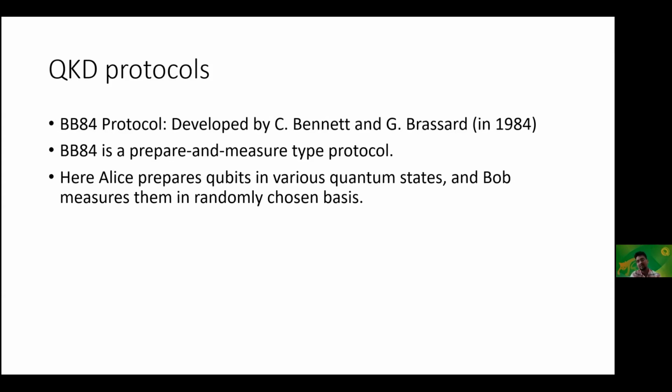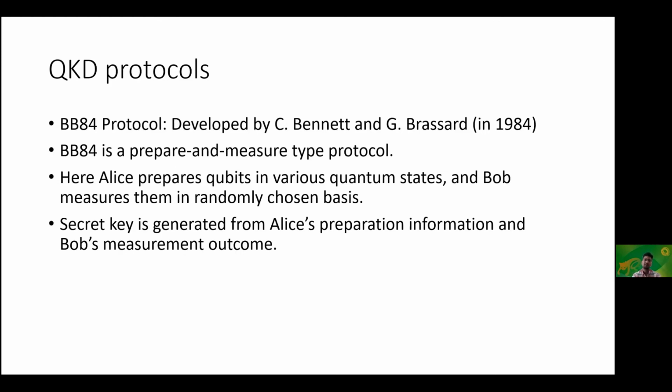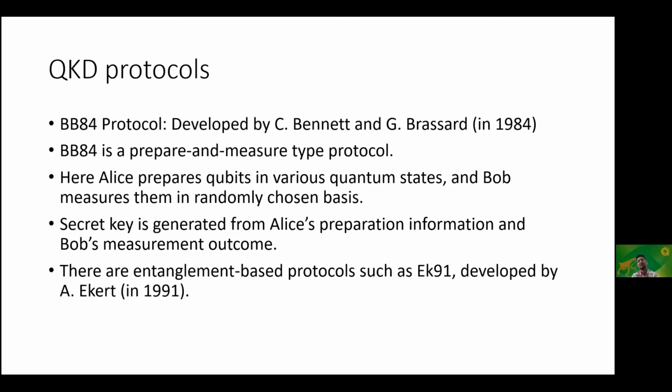Therefore, Bob randomly chooses which basis to measure in and records the outcome. Eventually, from Bob's measurement outcome, his measurement choice, and Alice's preparation information, you can establish a secret key. We will see how that is done.